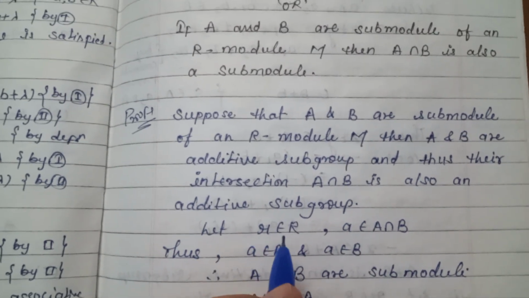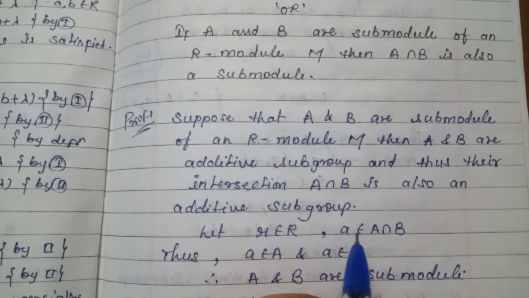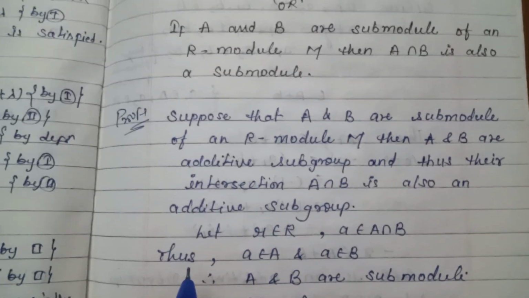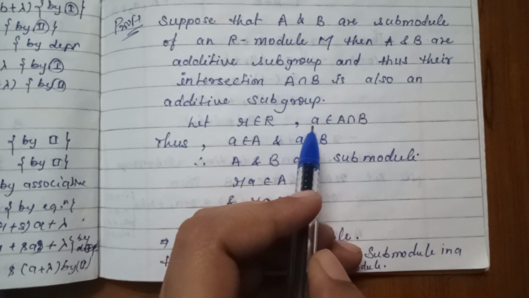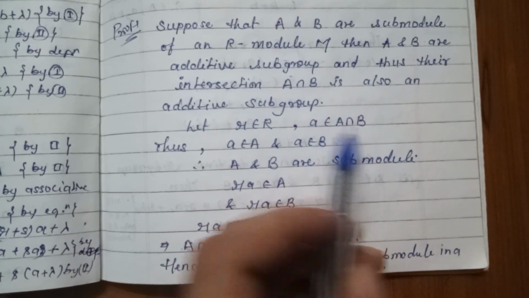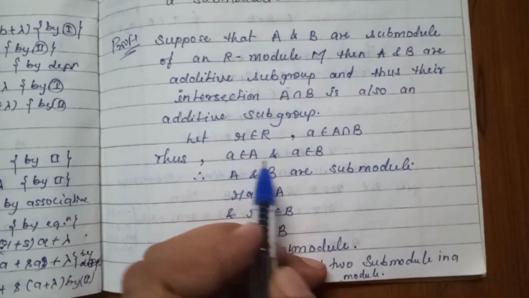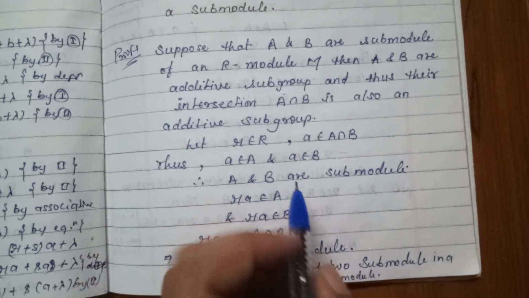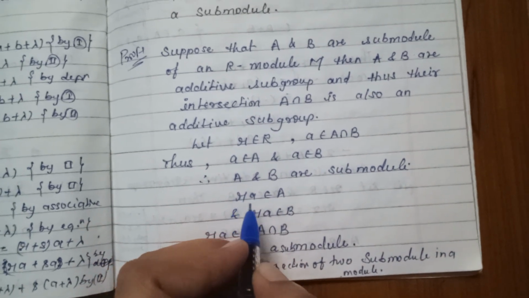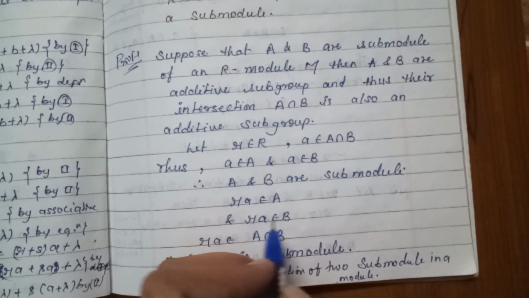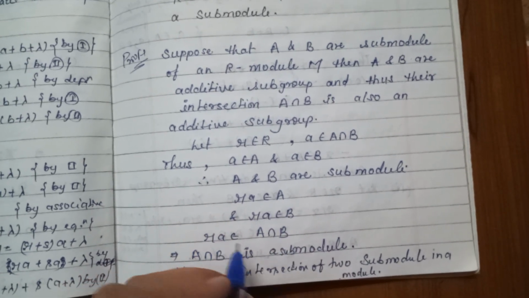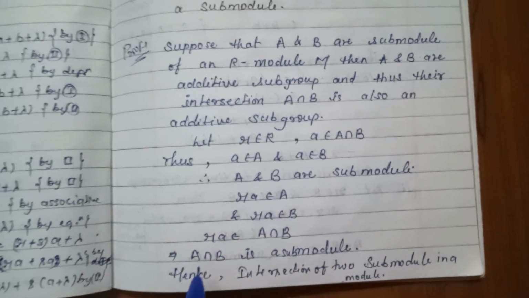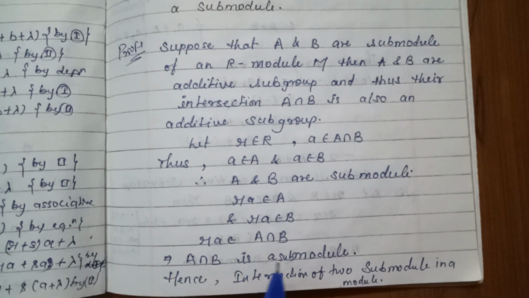Let small r belong to capital R, and small a belong to capital A intersection B. Thus small a belongs to A and small a belongs to B. Since A and B are submodules, ra belongs to capital A and ra belongs to capital B. So ra belongs to A intersection B. Then it implies that A intersection B is a submodule.